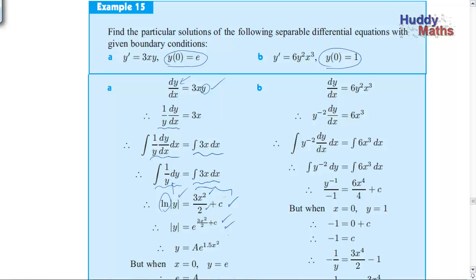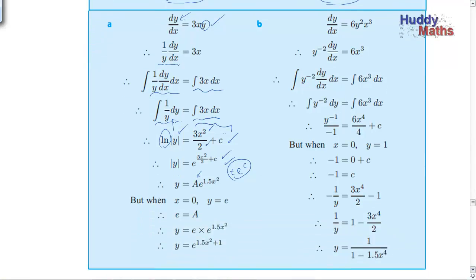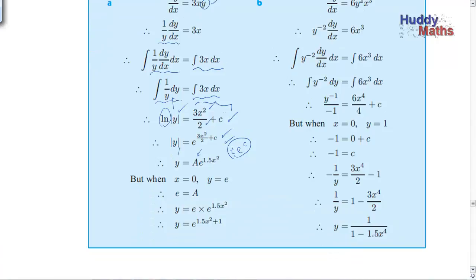And therefore y, we've dropped out the plus or minus and incorporated it into a. Okay, so plus or minus e to the c, I'd like to put that in there. I think that's important to show people that you know that the modulus will result in a plus or minus, then put it into a here.